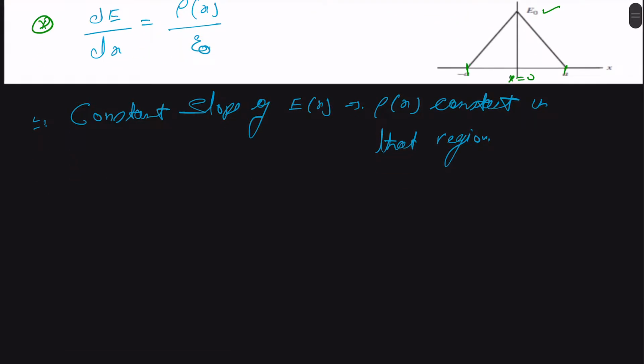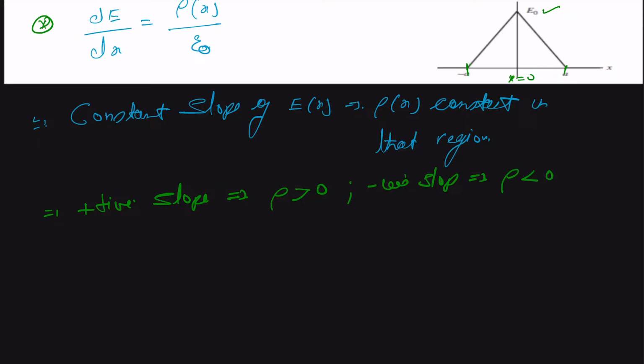And if we are having a positive slope, therefore we can say the charge density is greater than 0. And if we are having a negative slope, therefore we can say the charge density will be less than 0.